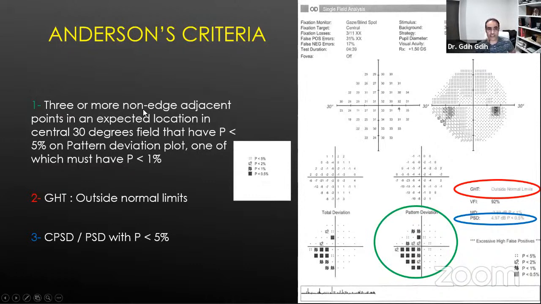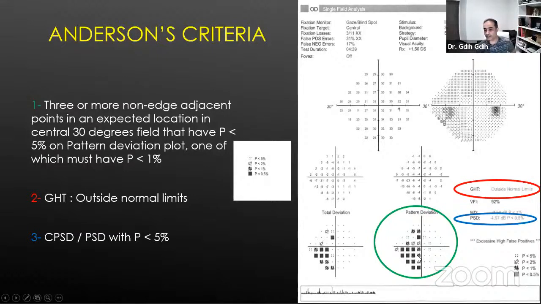Three or more non-edge adjacent points in an expected location in the central 30 degrees of field that have a p-value of less than 5% on the pattern deviation plot, one of which must have a p-value of less than 1%.